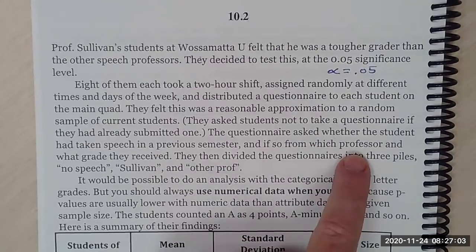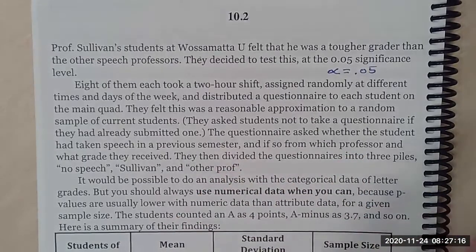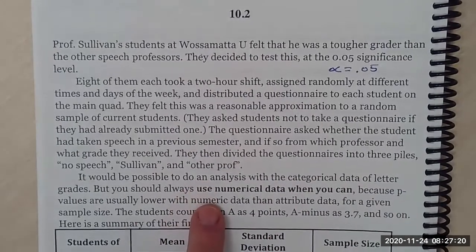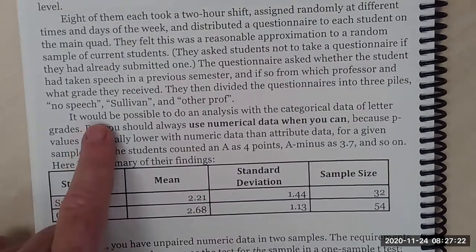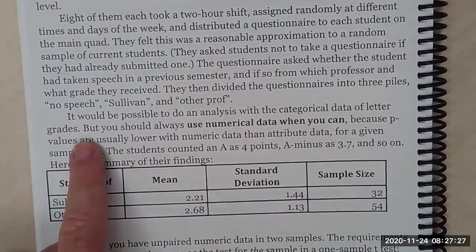They're only looking at the sample of the ones that said, yes, I did. And then the question is, after that, well, which professor? So it's either Professor Sullivan or the other professors. We're just comparing Professor Sullivan against the others. It would be possible to do analysis with the categorical data of letter grades, but we're not going to do that.